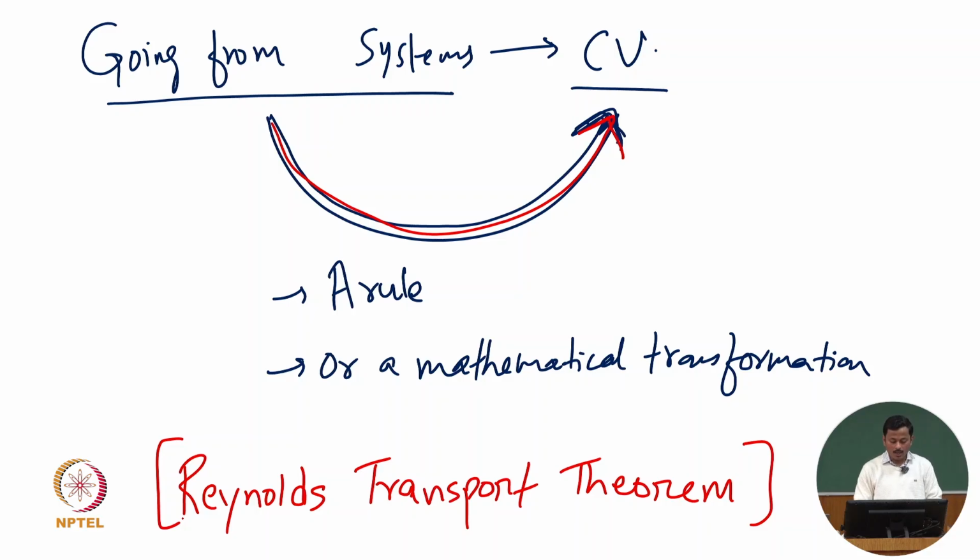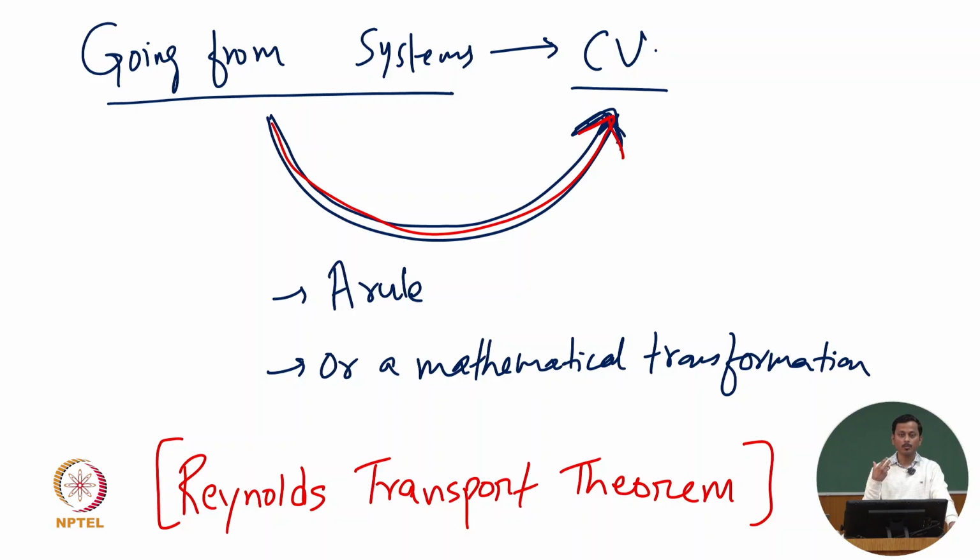So Reynolds transport theorem, the derivation of this, we'll be doing in the next lecture. The Reynolds transport theorem gives us a mathematical transformation, and this is important for us to understand both the systems approach and the control volume approach, because in the introductory video in lecture 1, I showed that our measurements in the ocean and the atmosphere can be both in a fixed platform or a moving platform.